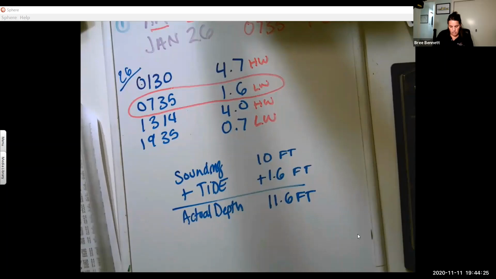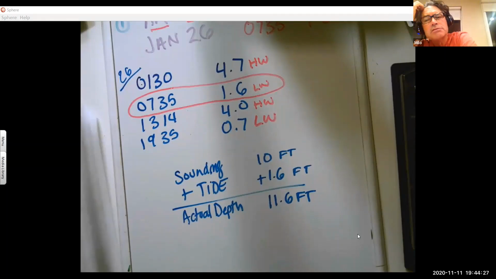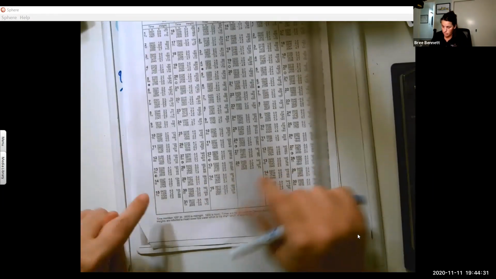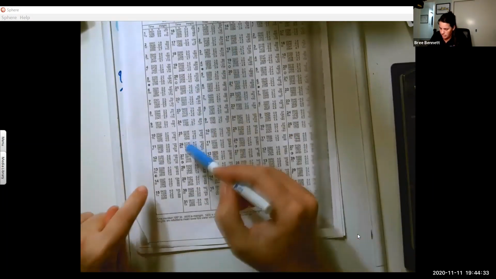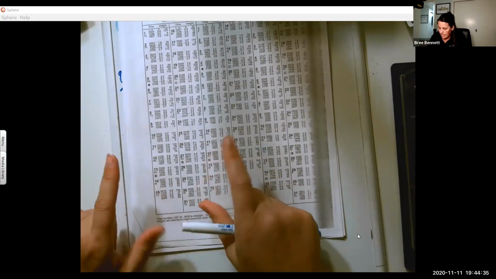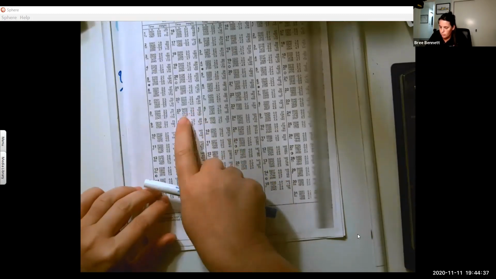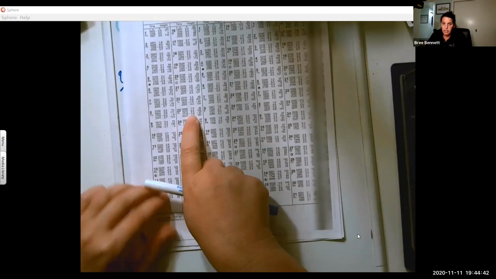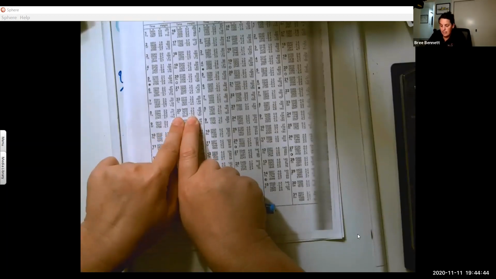Correct. So as an example, if we are looking on this page, Los Angeles, January, if we were looking on the 23rd for our PM low water, we have a negative 1.2. Everyone see that one?